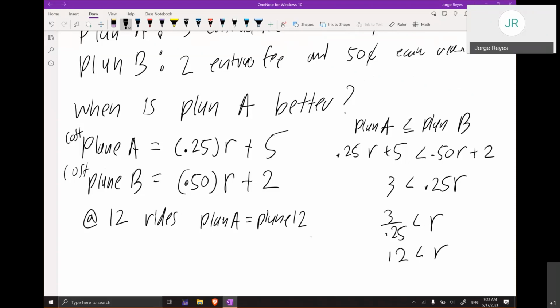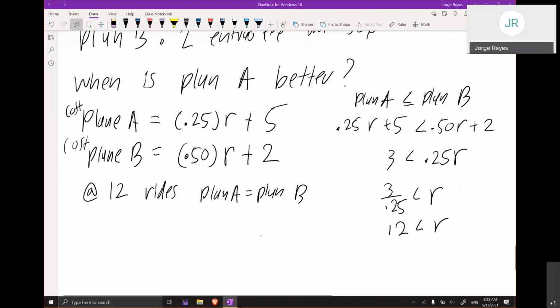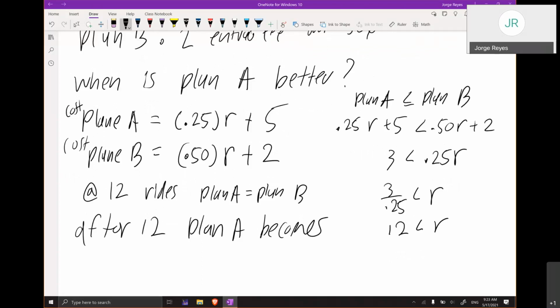If you plan on riding 12 rides, it doesn't matter which ticket you buy. You're going to spend the same amount of money. But for more than 12 rides, after 12, plan A becomes cheaper.